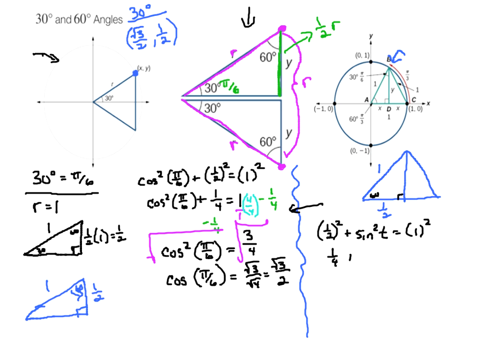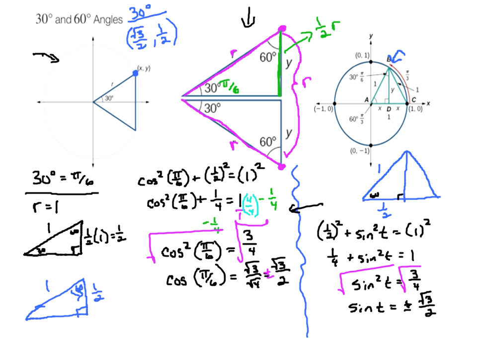I'm going to square that 1/2 and it's 1/4 plus sine squared T equals 1. Subtract 1/4 from both sides and I get sine squared equal to 3/4. Take the square root of both sides. This is positive or negative, by the way, depending on what quadrant you land in. So I get the sine of T is equal to positive or negative square root 3 over 2.